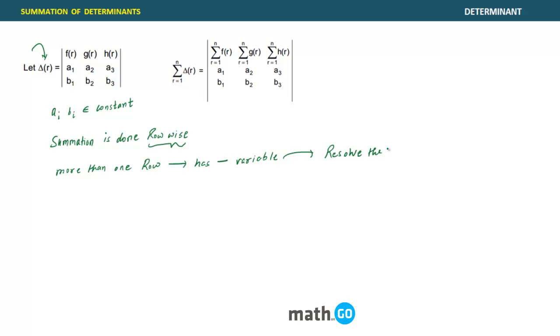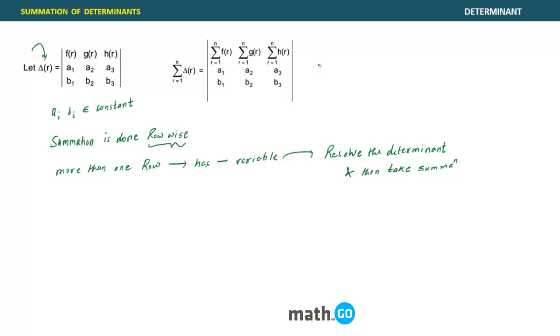This is the easiest step to do. Then I'll take examples of both the cases so that it is clear to you. Then resolve the determinant and then take summation. This is what you have to do in this case. Otherwise you can take summation there also, but you will have to take it row wise and then add somewhere. It will be a bit lengthy, which we do not want to do here.